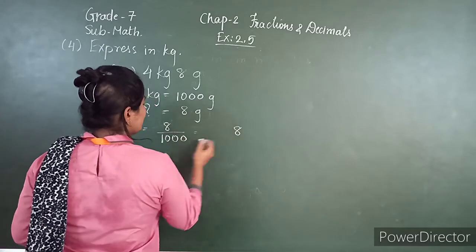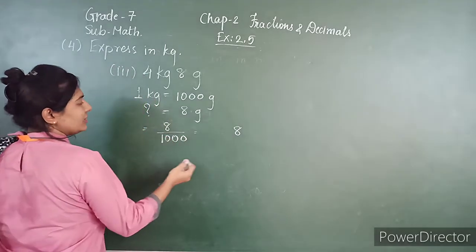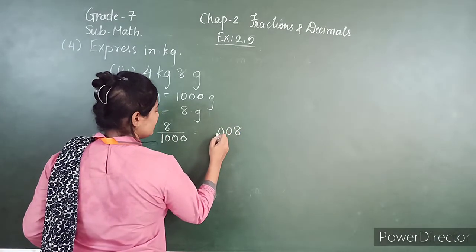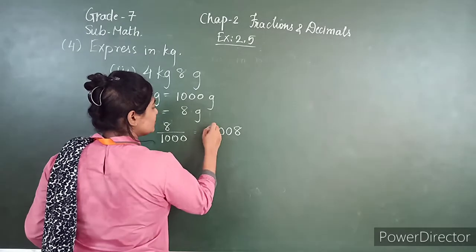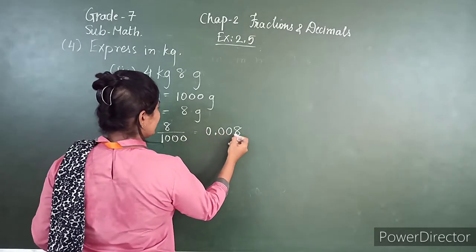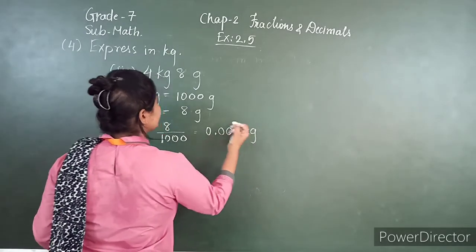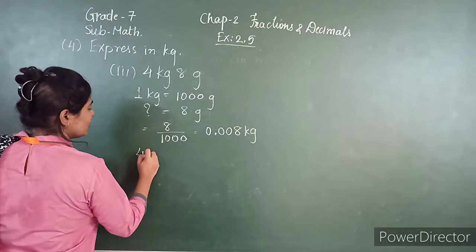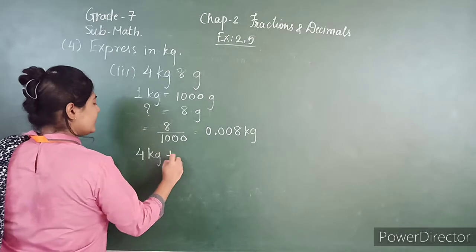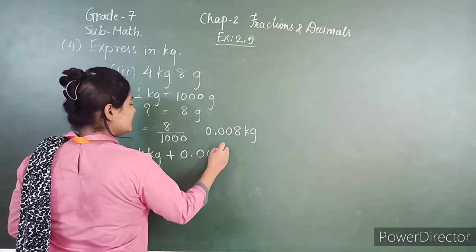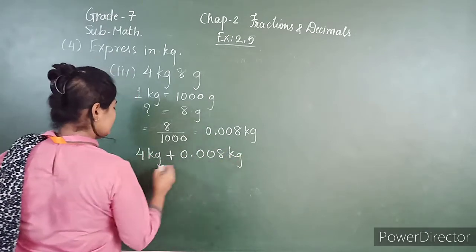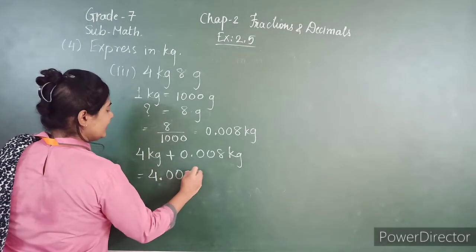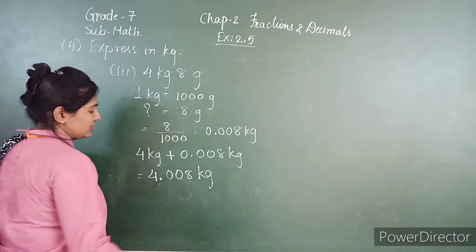So here we need to put point before 3 numbers. So here 1, 2, 3. We have to put point over here. So 0.008 kg. Now what we have to do? We are going to add this. That is 4 kg plus 0.008 kg. So it is 4.008 kg.